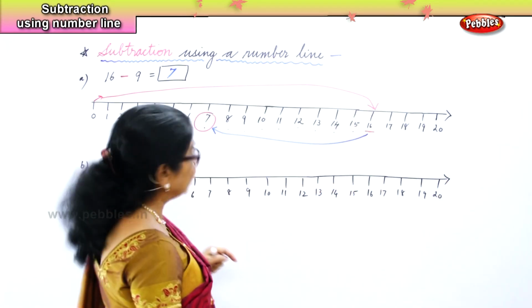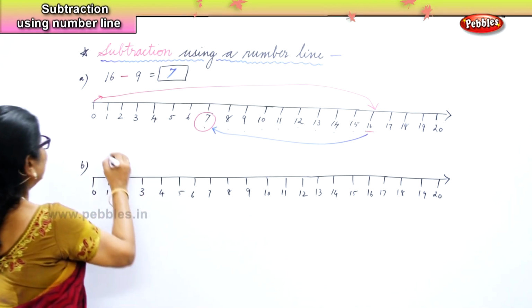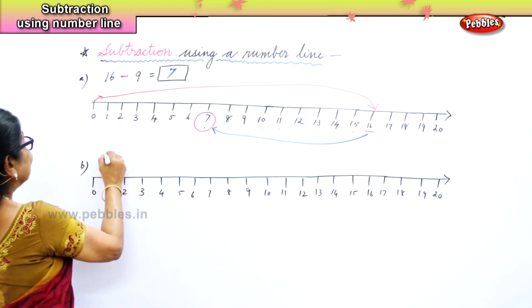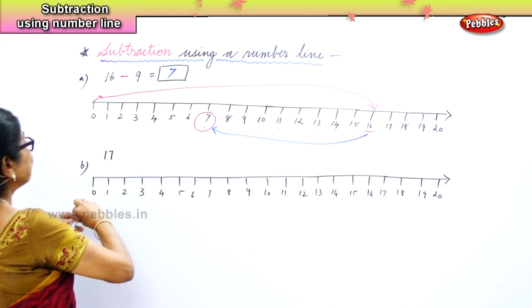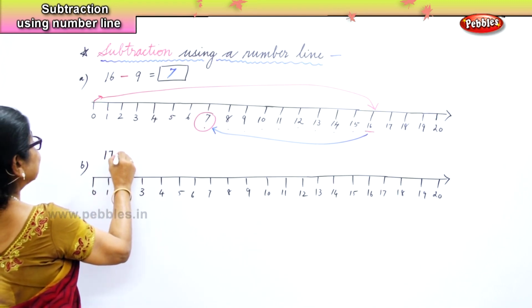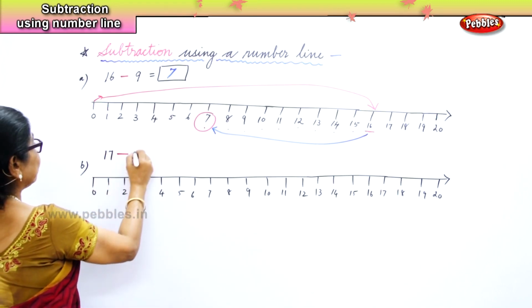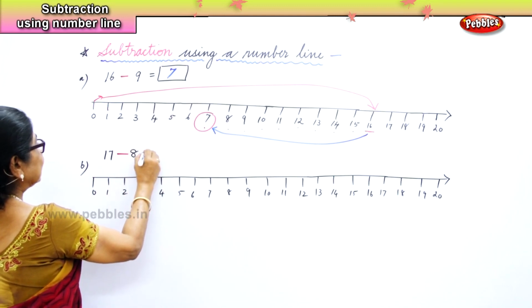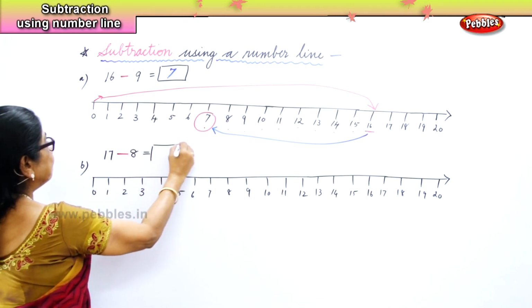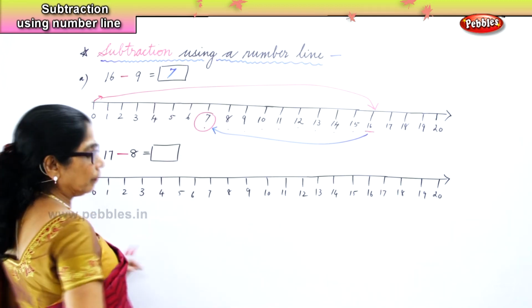And your sum here, I'm going to give you a sum, 17 minus 8. What is 17 minus 8?